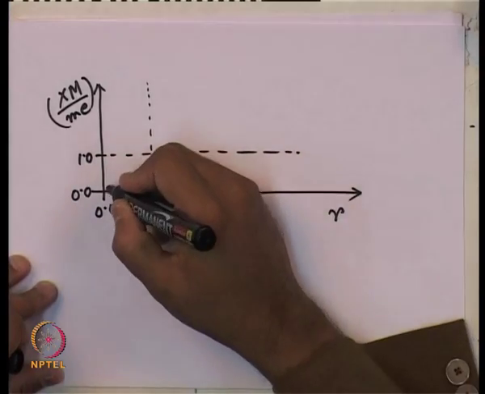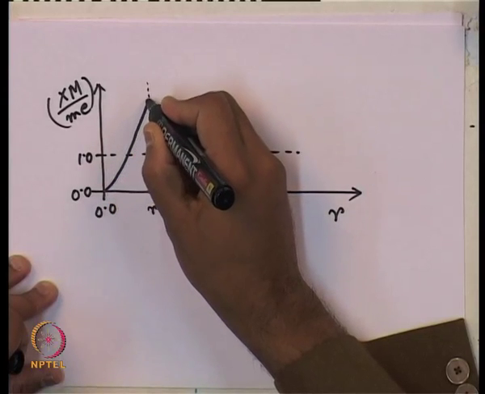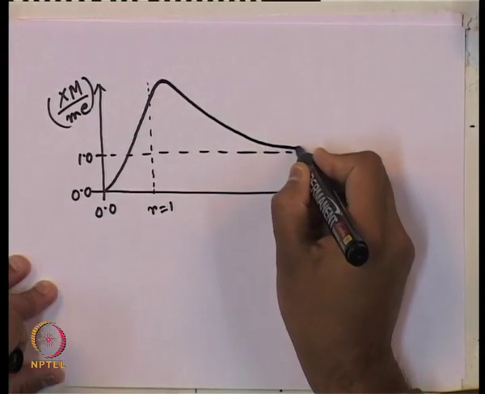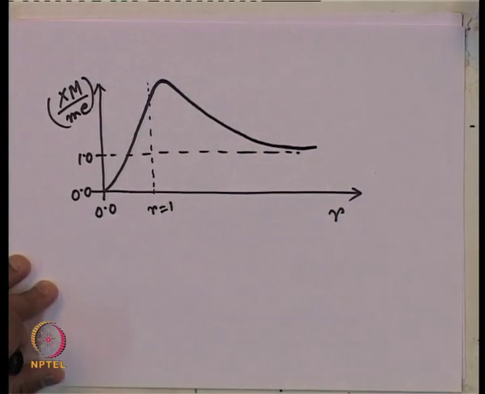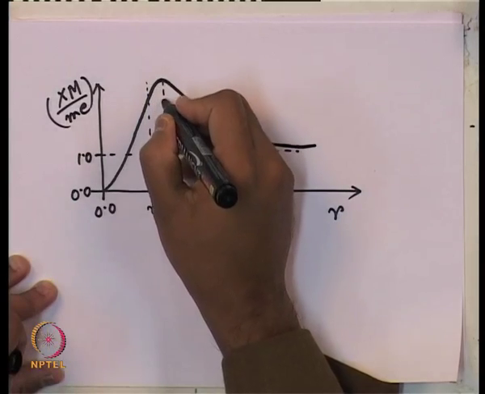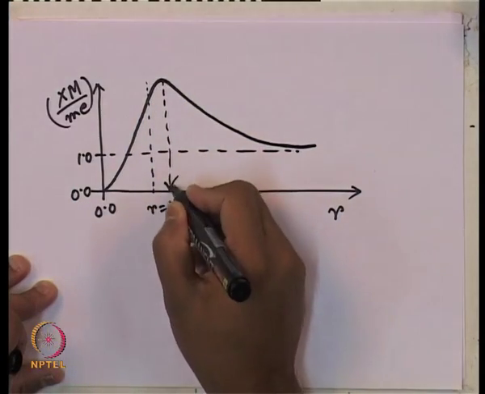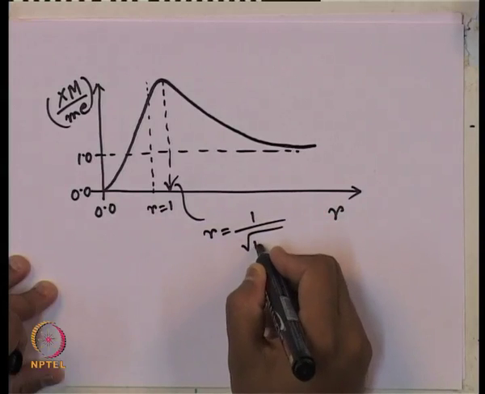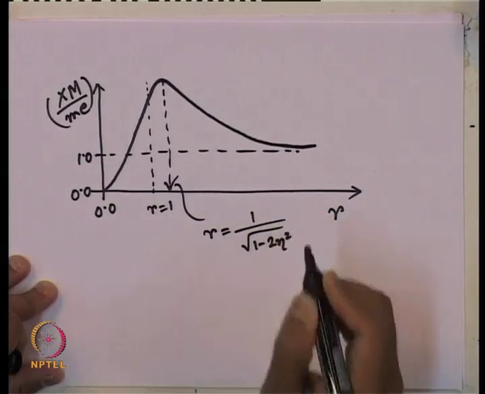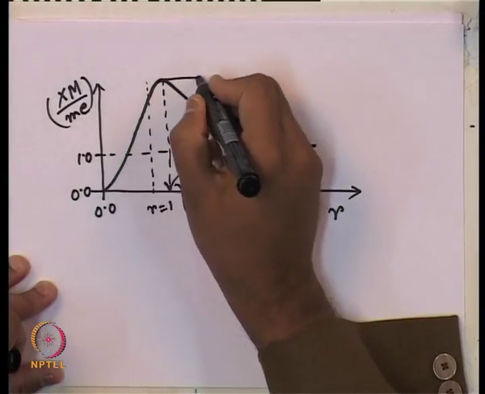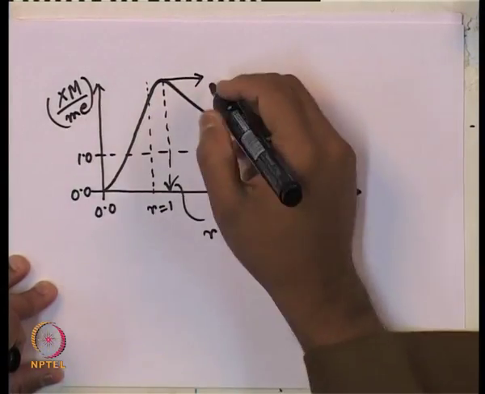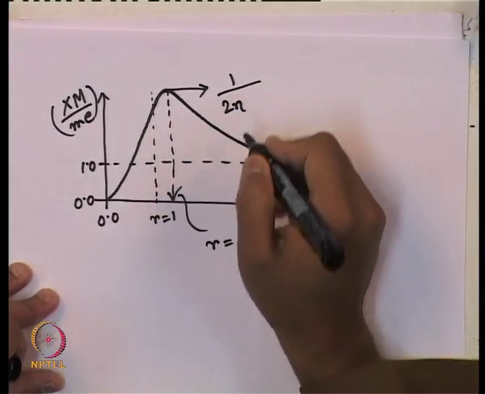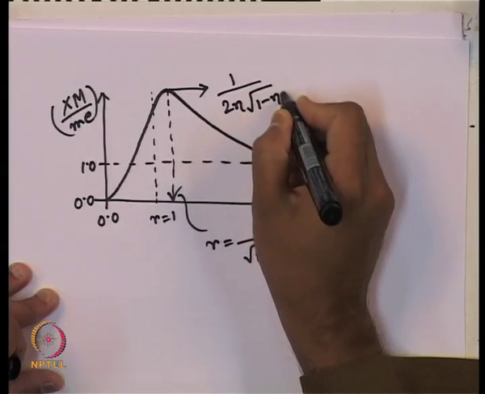The variation for any damped case is like this, where this maximum value occurs at r equals to 1 by root over 1 minus 2 eta square, and the magnitude of this maximum value is 1 by 2 eta root over 1 minus eta square.